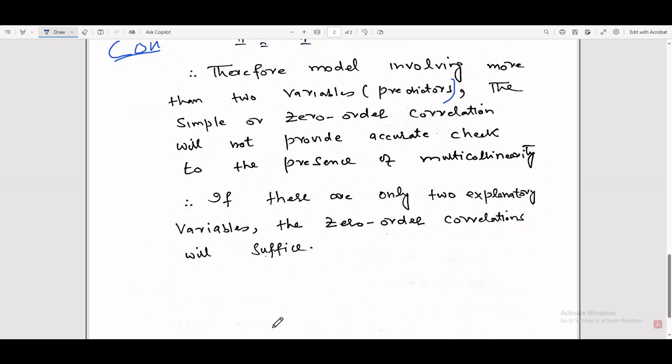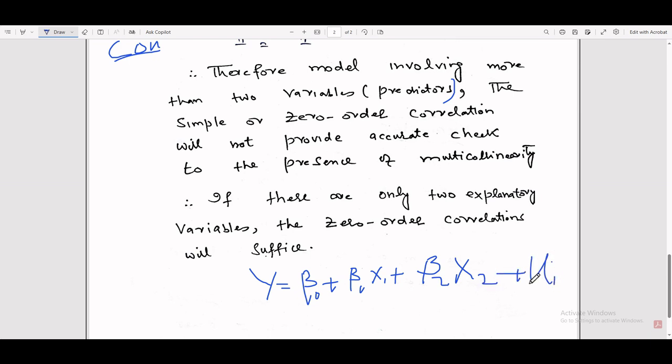In case of two variables, your model is like this: y is equal to beta naught, the intercept, plus beta 1 x1 plus beta 2 x2 plus error term.